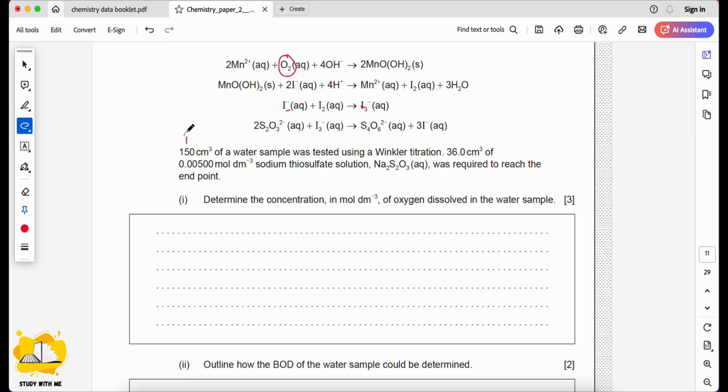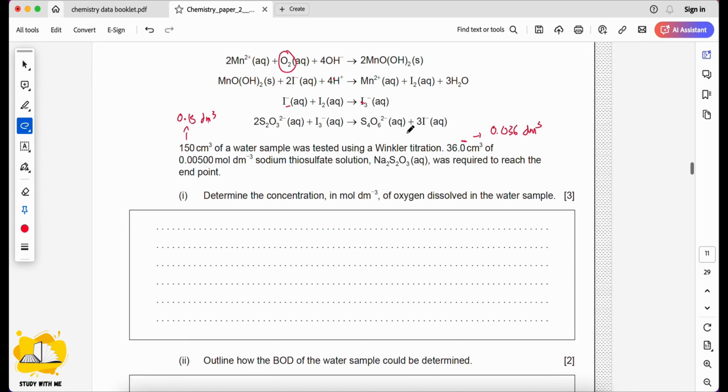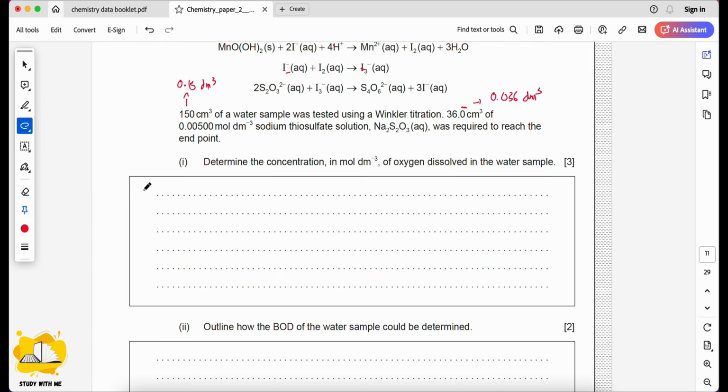The volume is 0.15 dm^3, and 36.0 cm^3 of thiosulfate is used with the concentration 0.005. So this will be 0.036 dm^3.